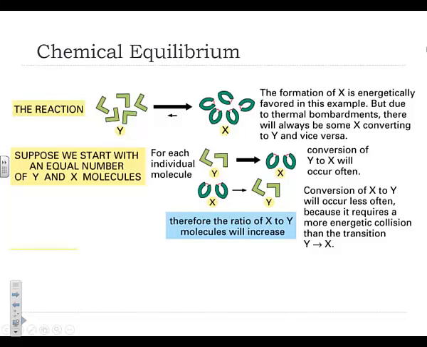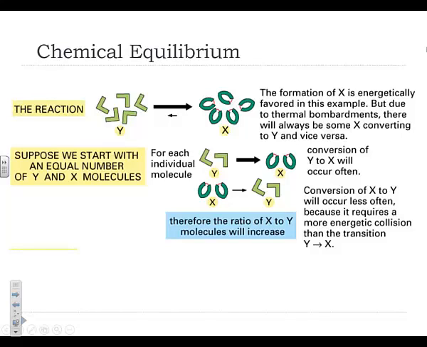So when you have a fixed amount of substrate and product, if the reaction is energetically favored, and you have a lot of Y, then the product formation will be favored, and the arrow is drawn bigger for that reason.